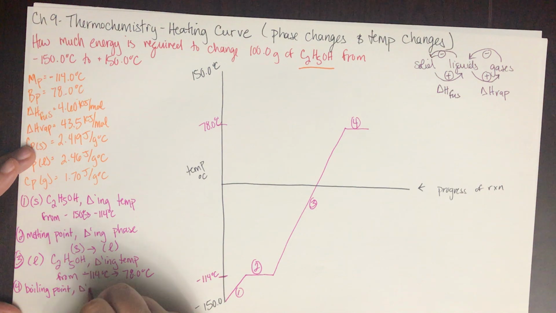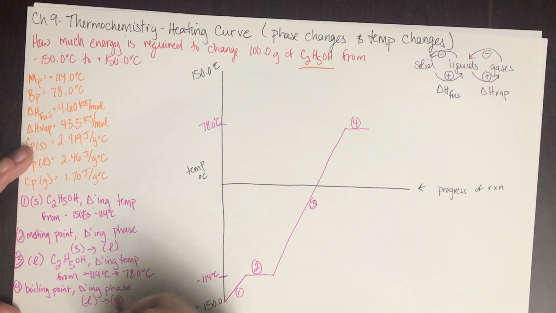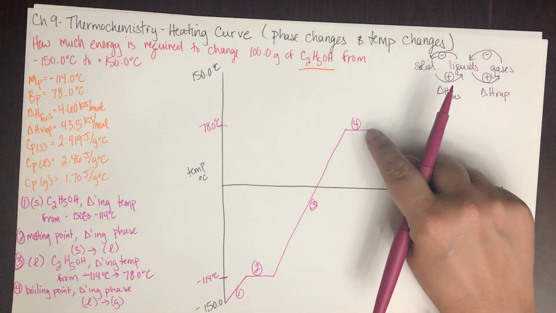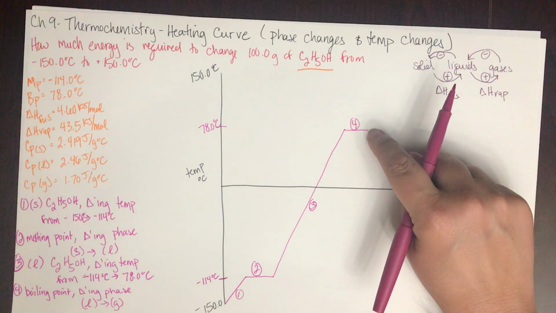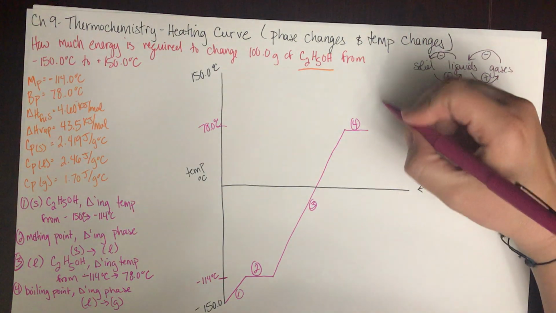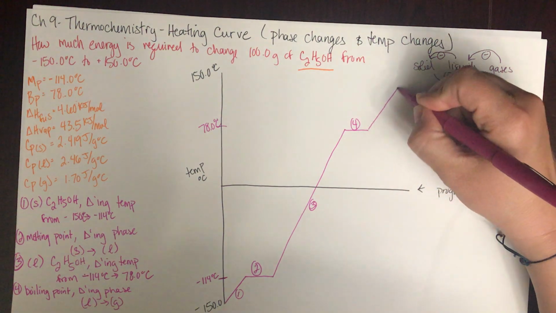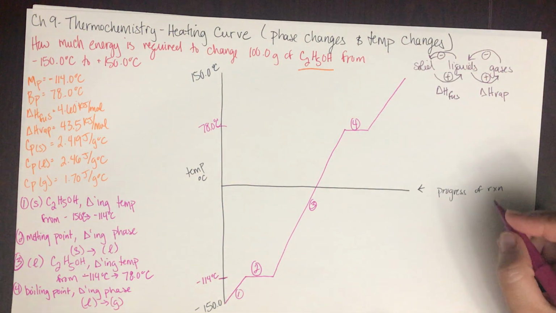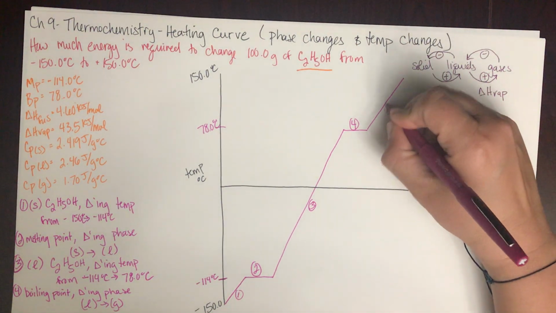We are going to change the phase from liquid to gas. So now at the end of this phase change, we have gas at 78 degrees Celsius. We're going to 150 degrees Celsius, so that's going to be my last step, step 5.